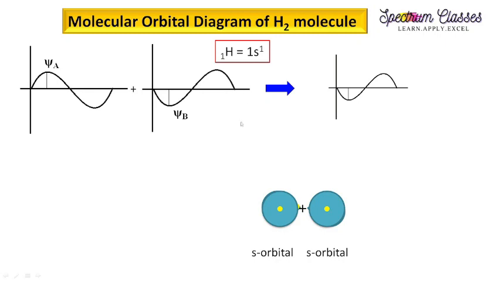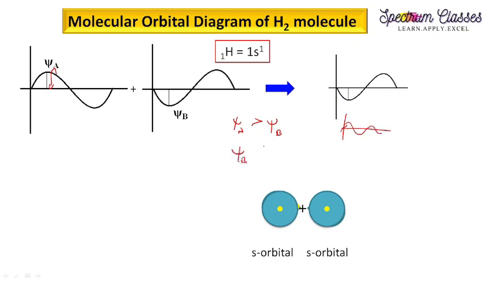The important point is that if psi A is greater than psi B, meaning this amplitude is more than this amplitude, then on subtracting these two, what kind of response will we get? We will get a response like this, right?